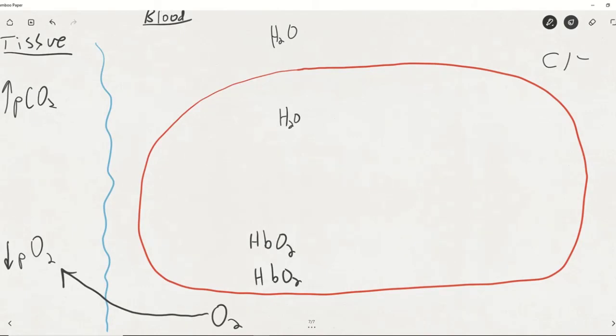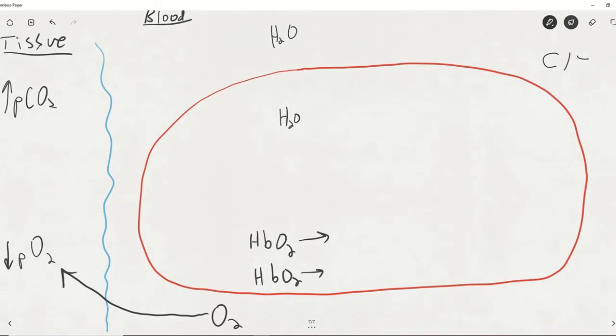Now we also have oxygen attached to hemoglobin, oxyhemoglobin. Now, I'm going to draw something and I'm going to say something next, but then I'm going to come back and modify it when we see some other details. But for right now, we're just going to say the oxygen falls off or dissociates from the hemoglobin.